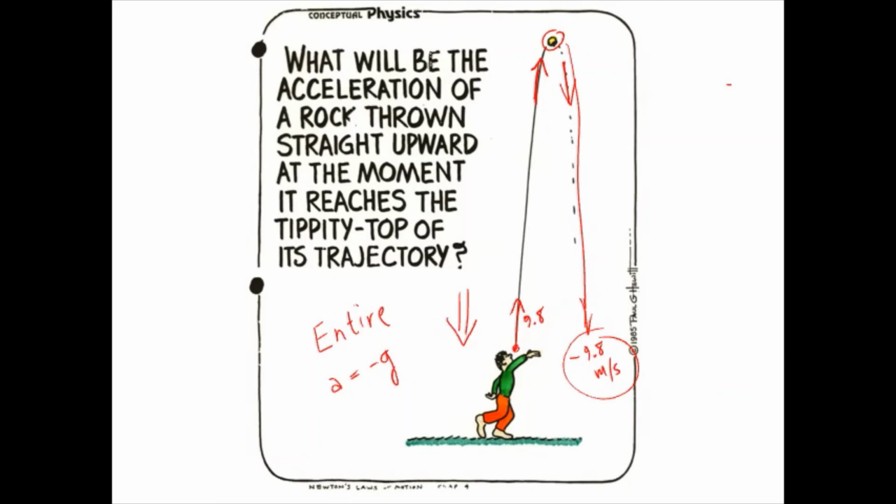If this was a second up and a second down, we'd have a velocity upward of 9.8, a velocity of 0 at the very top, and a velocity of negative 9.8 when it comes back down. So the entire time it's in motion, even at that top point, the acceleration is 9.8 meters per second squared downward, or negative g.